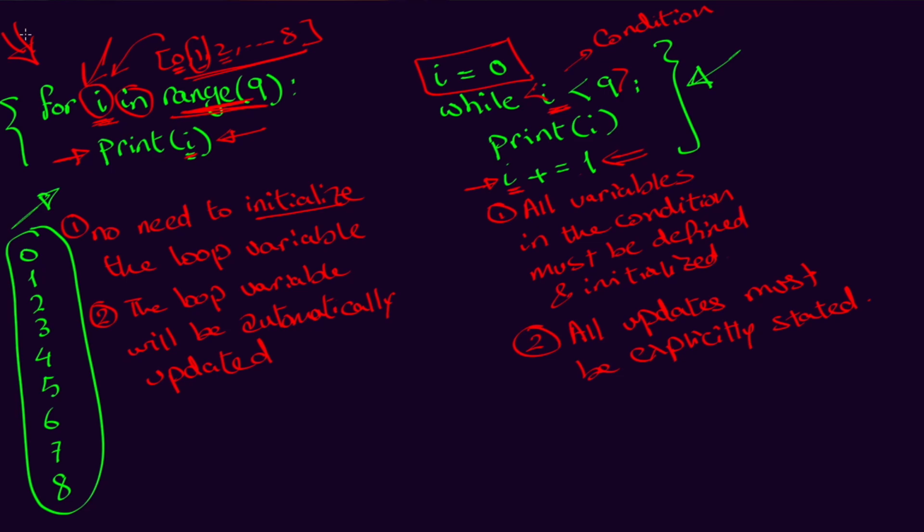But that is not always the case because there are many situations where you will not know the number of iterations that you need to execute before the loop starts. So in other words, you can think of a for loop as a special case of a while loop. A while loop is much more flexible than a for loop.